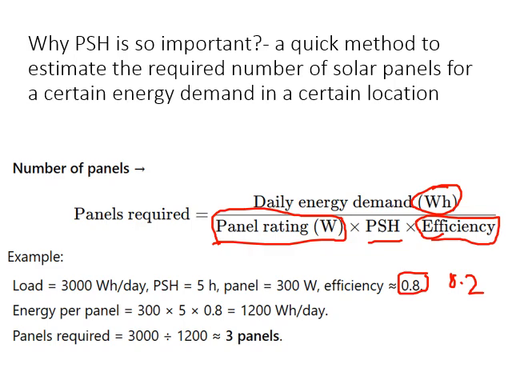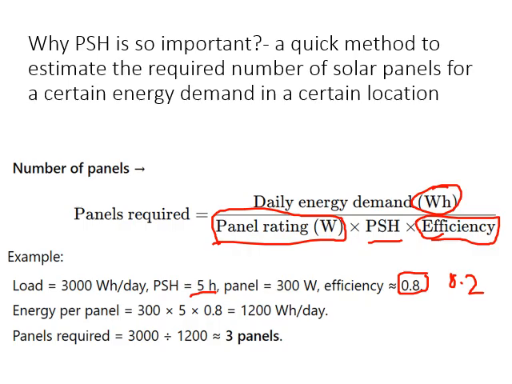So if you have an efficiency of 0.8, your peak sun hour is like 5 hours. That means you're receiving 1 kilowatt per meter square for 5 hours, and your required load is 3000 watt hour per day or 3 kilowatt hour per day.